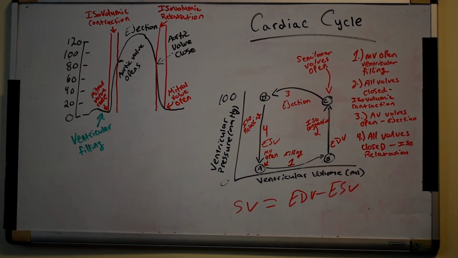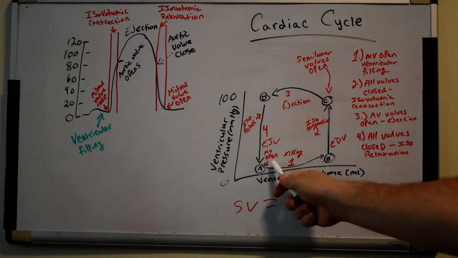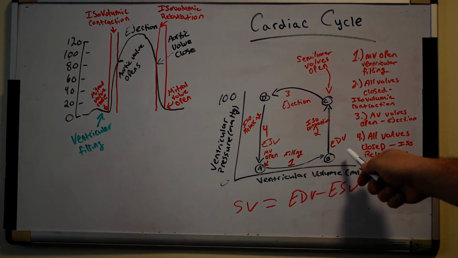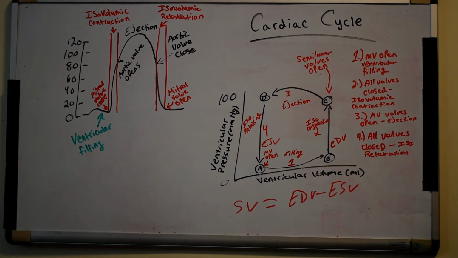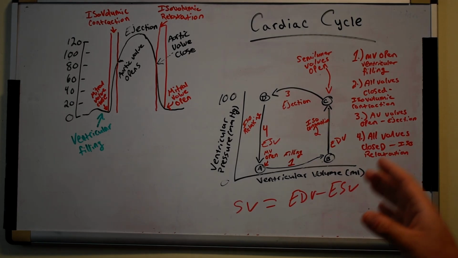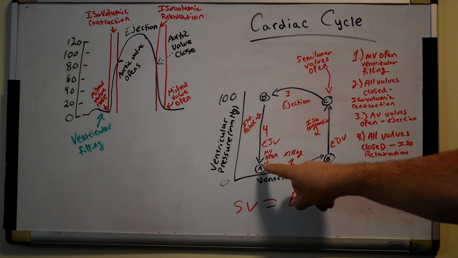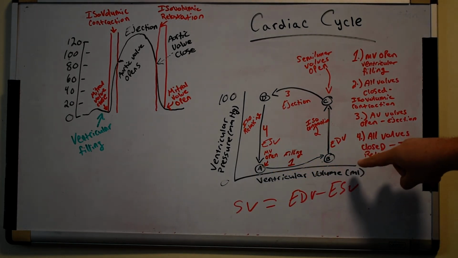What's the mechanism for that? The mechanism is that with training, your heart is going to be able to fill a greater amount of blood, and through something called the Frank-Starling Mechanism, which I will cover in another video, it basically says the more you fill, the more will be ejected.